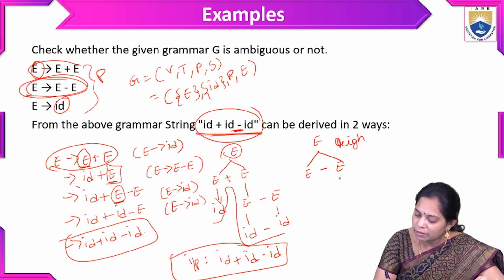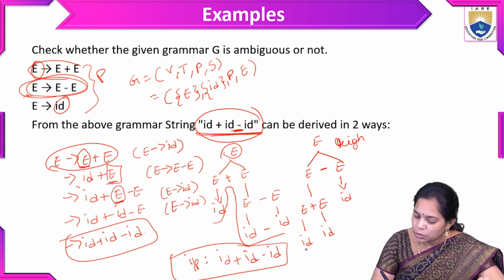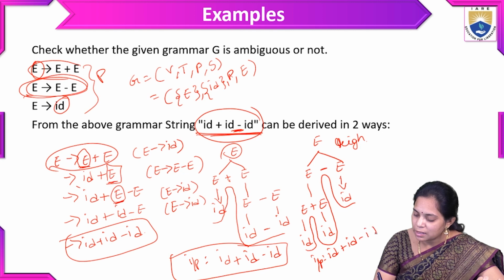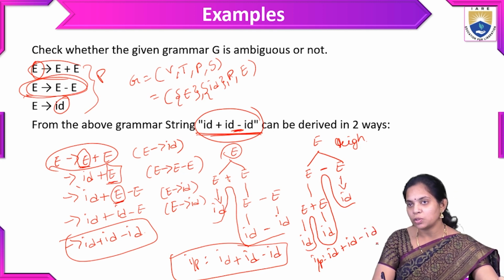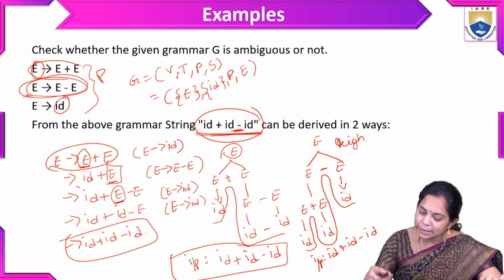E is replaced with ID, and after that this E is replaced with E plus E. And here we write E tends to ID, and here E tends to ID. After deriving the string, we read it from left to right. So what is the input string? ID plus ID minus ID. So this is the rightmost derivation, and the other is the leftmost derivation.